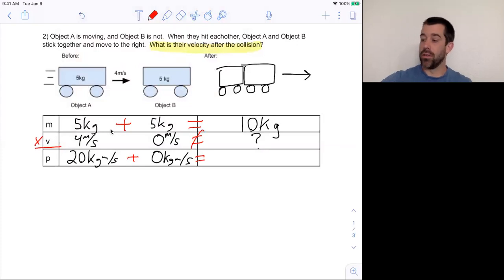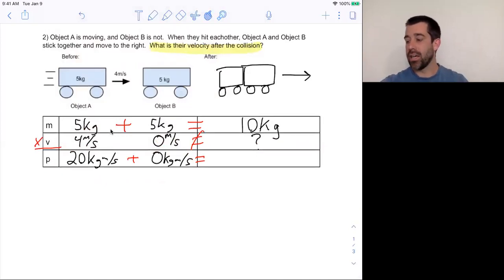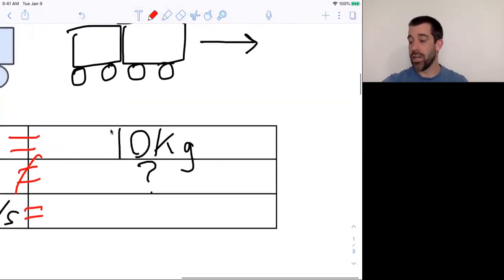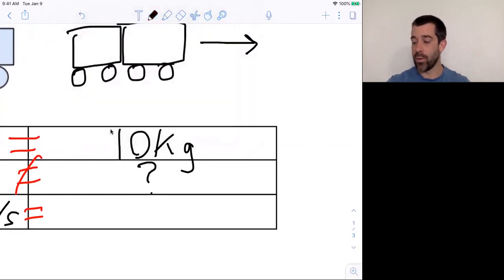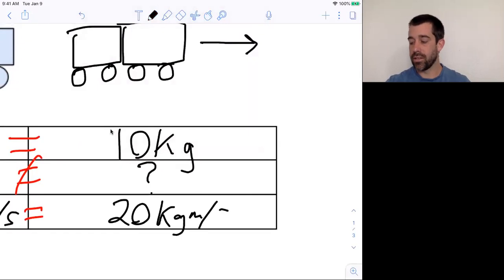All right, so how do we use this? Well, we're going to look at the bottom row and see that this side has a total momentum of 20 kilogram meters per second. We know that that has to equal the momentum over here. And since there's only one object, because they're stuck together, this object has to have a momentum of 20 kilogram meters per second so that those two sides equal each other.